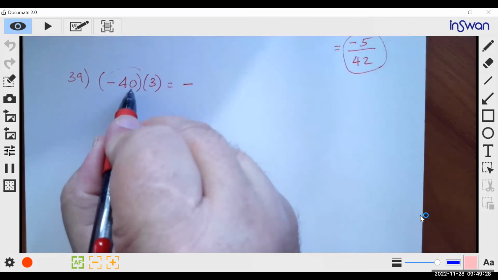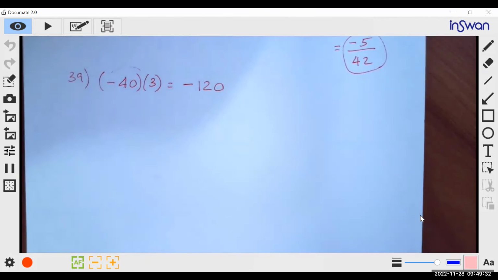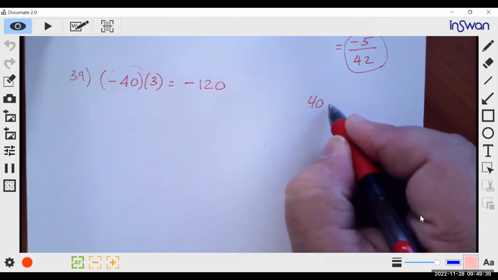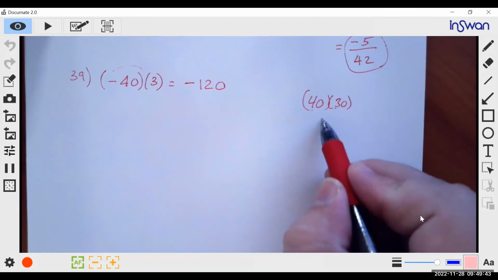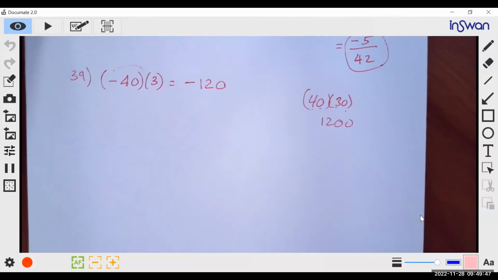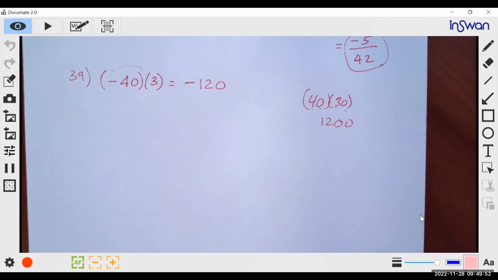Now, basically, whenever your number ends in 0, 4 times 3 is 12, and put a 0 behind it. Or if I had 40 times 30, 4 times 3 is 12, and 2 zeros. So however many, if your numbers end in zeros, you don't multiply those because it's zeros. Just put those at the end of the number.